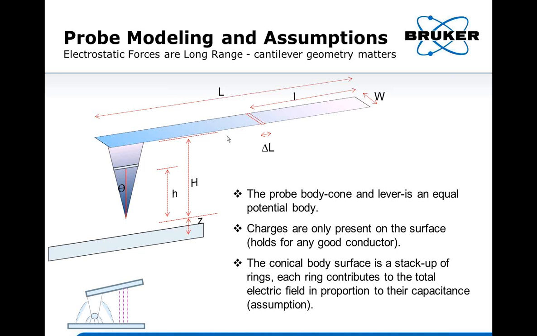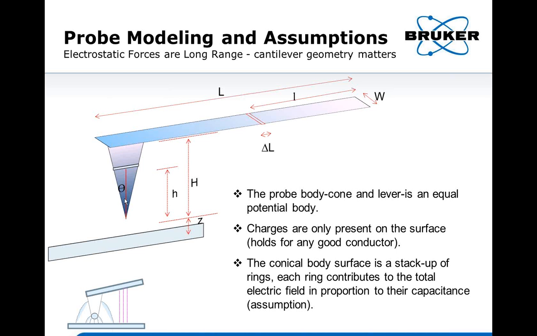By that I mean, since the probe is conductive and you apply voltage to it, the whole part has the same potential. The other assumption is that the negative and positive charges are only present on the surface, and this is true for good conductors.